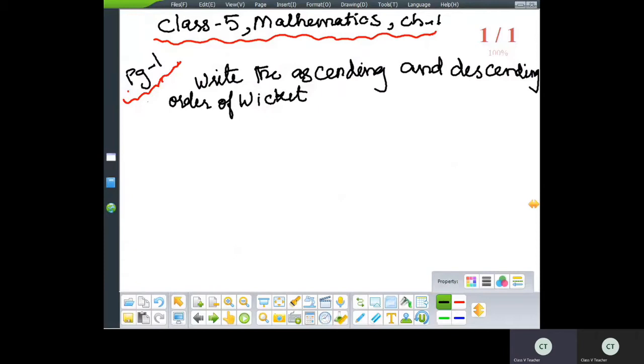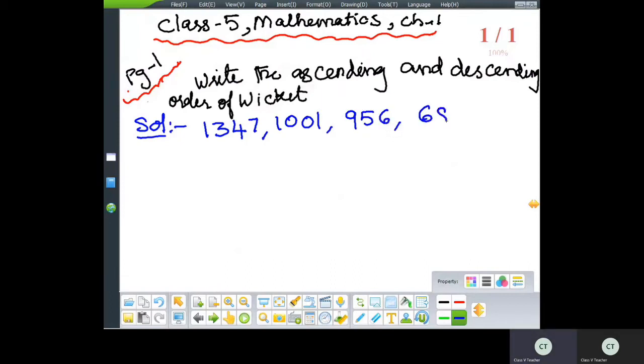So wickets are, so get back to the solution. So wickets are 1347, 1001, the next 956, the next 687, the next 519. Okay, children.